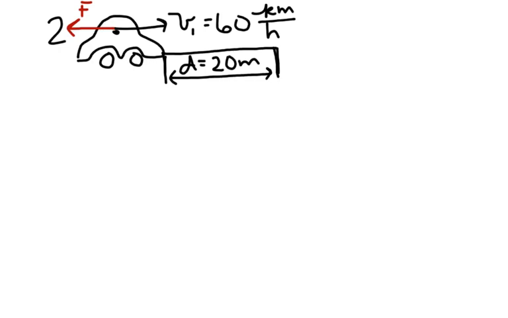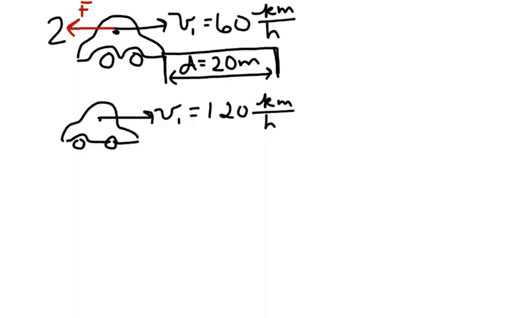Okay, let's look at another example here. I have some car. It's going to move to the right a displacement of 20 meters. It has an initial velocity of 60 kilometers per hour to the right. There's an opposing force on the car because the person in the car is applying their brakes, and so it takes 20 meters for this car to come to a stop.